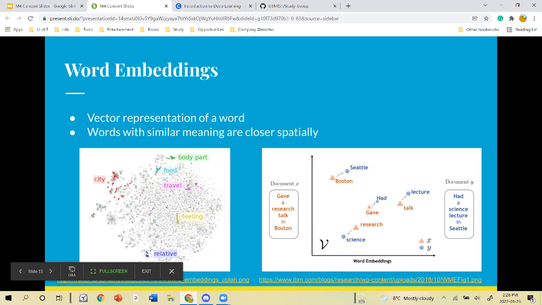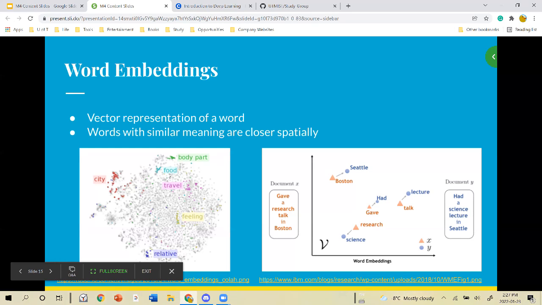So in word embeddings, first it's a vector representation of a word, and how it can store its meaning is that words with similar meaning are closer spatially. In this example here, you can see the cities are closer together and food is closer together.